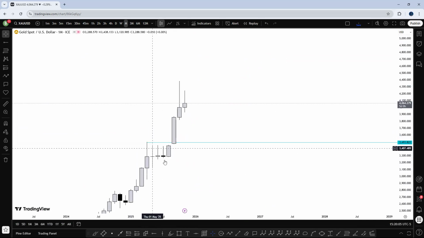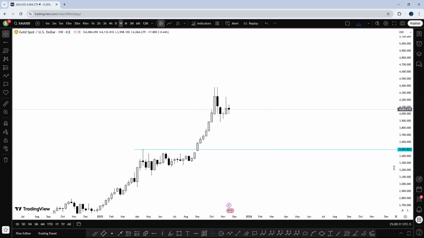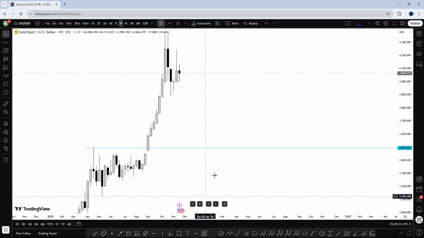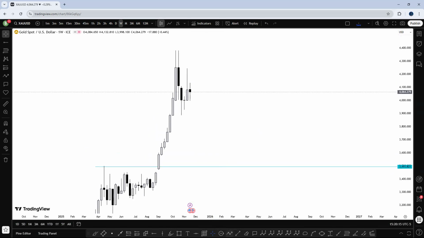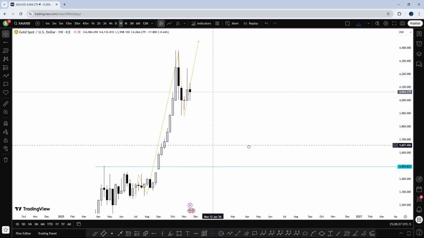So this is your current monthly structure you are seeing. Go to weekly. On the weekly, you see other structures, as you can see. So you have this one. This is the same structure. You have this one. In the future, you may have this one.